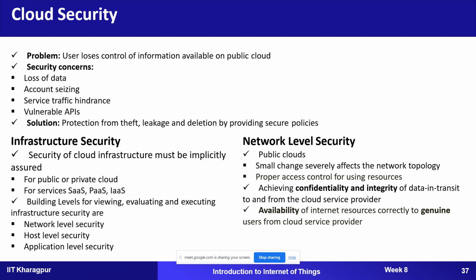There should be availability of internet resources correctly to genuine users from the cloud service providers.